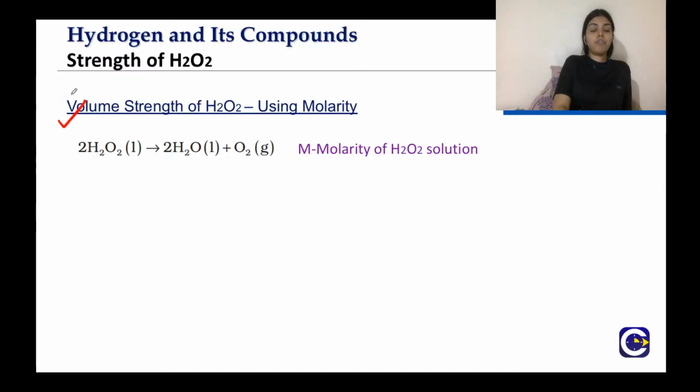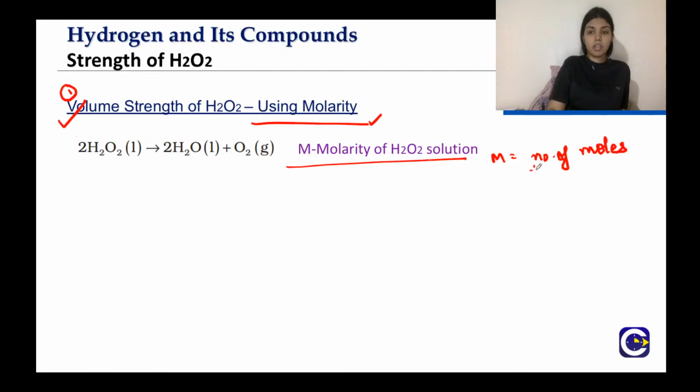So first portion is that we need to find out the volume strength of peroxide using molarity. Right. Now what does molarity mean? Molarity means number of moles of solute divided by volume of solution in liter.